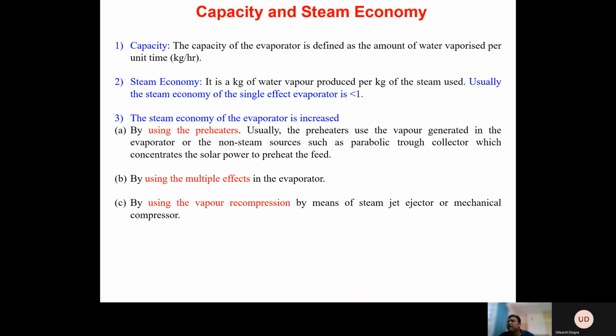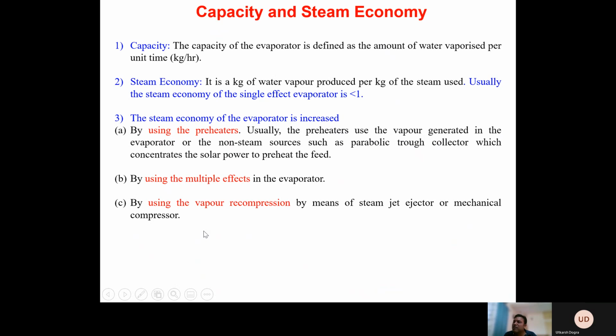By doing that, you improve the steam economy. But very often the methodology used is a multiple effect evaporator and vapor recompression. In a multiple effect evaporator, multiple evaporator units are arranged one after another in a series, and the vapor from the previous unit is used as steam for the next unit by using vacuum.